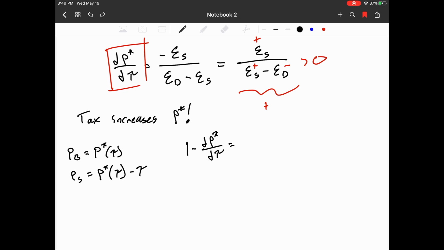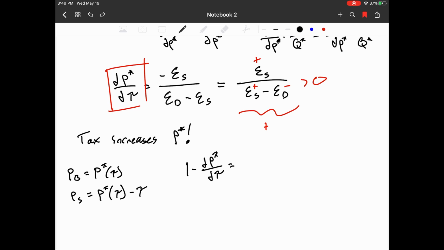So we can write the whole thing out in terms of the incidence on sellers as well. There's a little bit of a note about this in the textbook. It's not the main thrust of what we're doing here, but I just wanted to highlight this: this is how the seller's price responds to changes in tax.